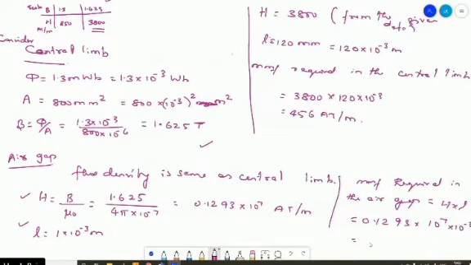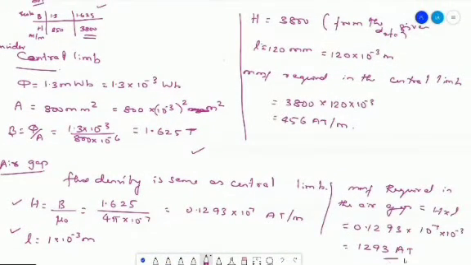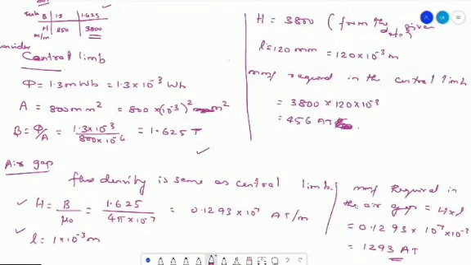You must be getting around 1293 ampere turns.